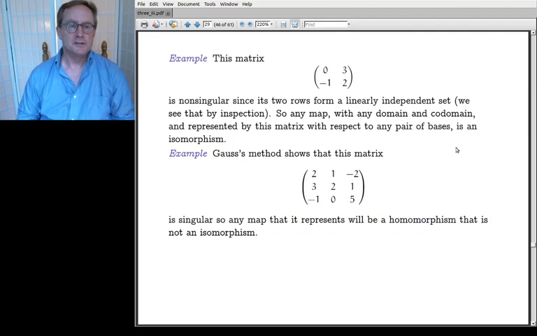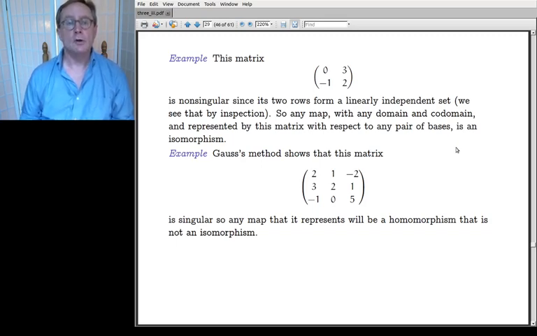Another example, less dopey. Gauss's method will show you that matrix is singular, that there'll be a zero row. So any map it represents will be a linear map, fair enough, but not an isomorphism. Again, represents with respect to what? What's the domain? What's the codomain?